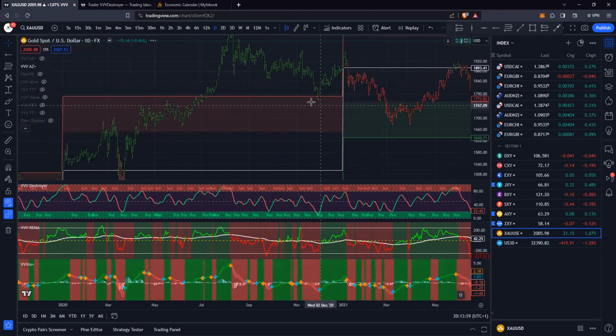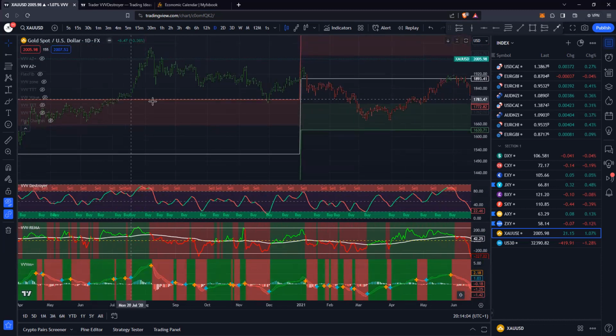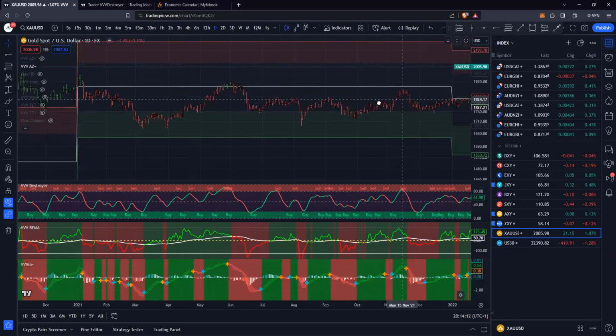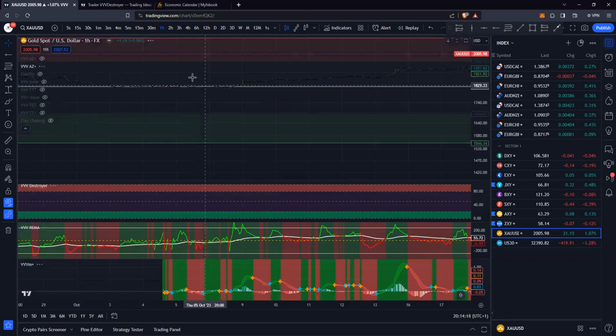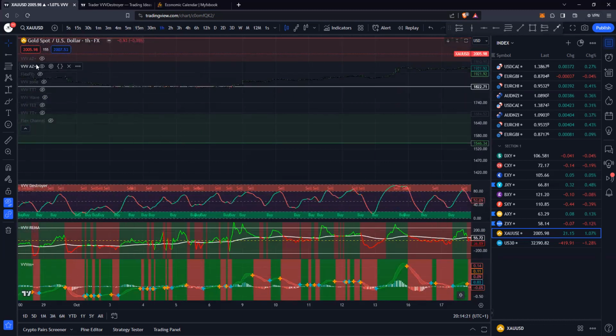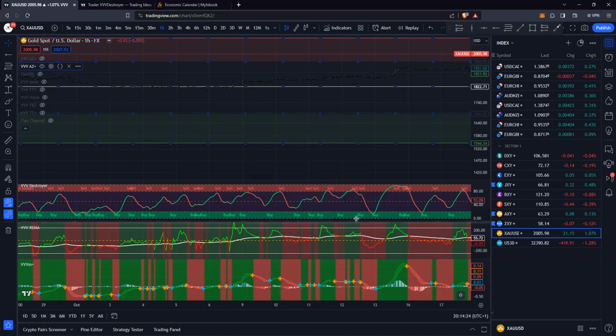There are some points when the box is breaking out, then we should expect a bigger movement. But I'm going to show you on smaller time frames. Let's say we go to 1 hour, but we're going to choose for the daily.